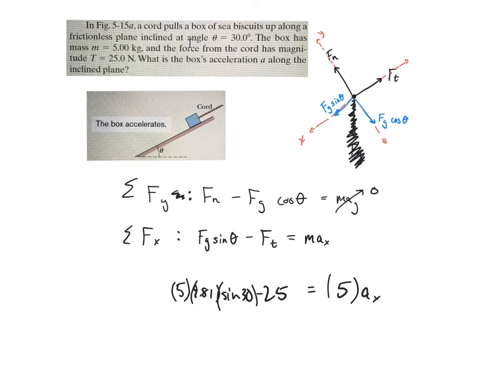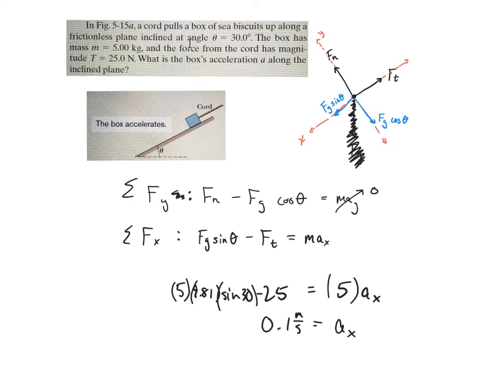So in this problem, I don't need the y direction at all. Everything I have is in the x direction. Fg is just mass times gravity. Sine of theta is sine of 30 degrees. Minus the tension. Tension is given as 25 newtons. The mass is 5. Solve for ax. And ax will turn out to be, what's the number? 0.1.